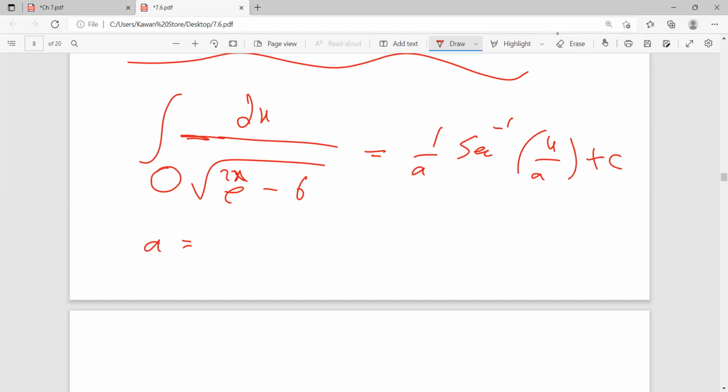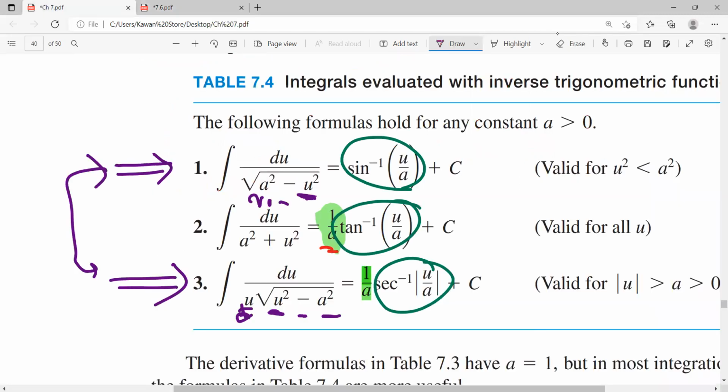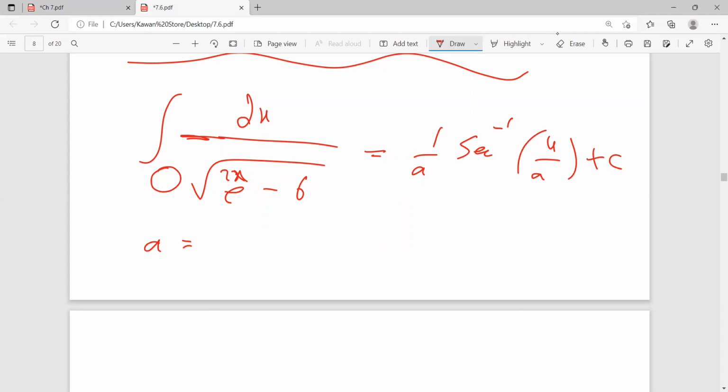So a equal to what here? A is a number here. Can you see? A is a number. So the square root of 6. How about u equal to what? E to the power x.